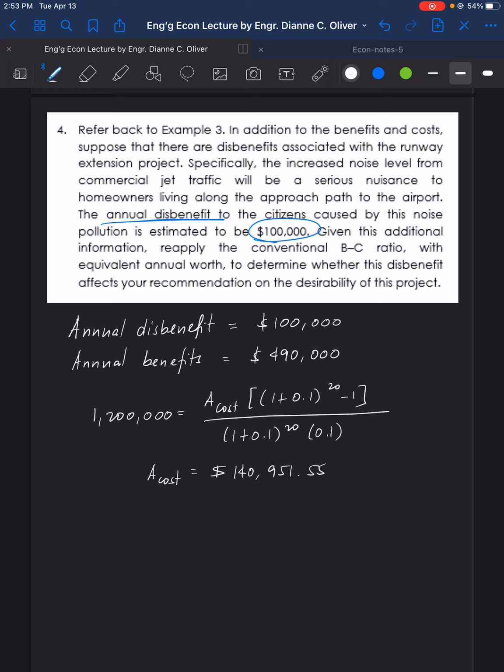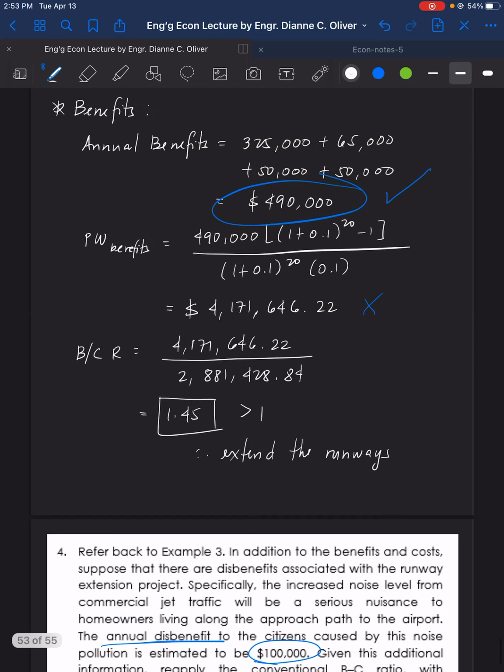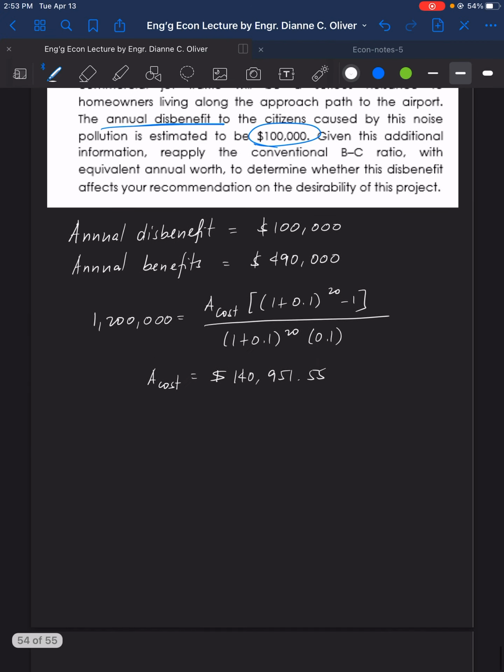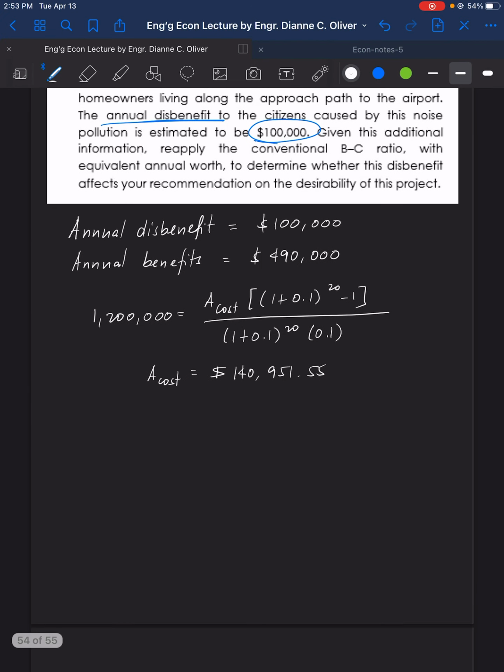So that's the annual cost, plus the 197,500, which we will just add in the computation. Let's have that as annual maintenance of 197,500. Okay, so I think we got them all covered here already.